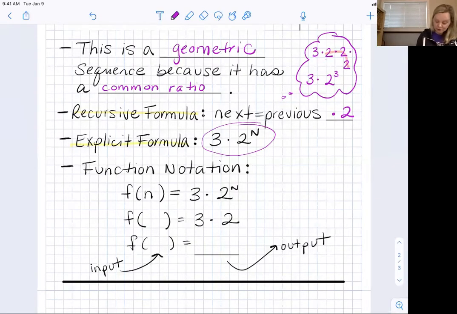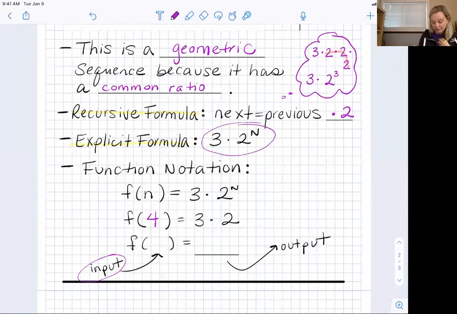Lastly is function notation. So the idea behind the function notation and why it was particularly helpful for us in this case is, let's say, for example, we input the value of 4. So the idea of a function is you input a value and then you get out what happens once you crunch that number through the expression.